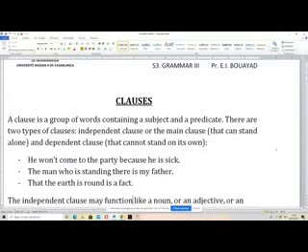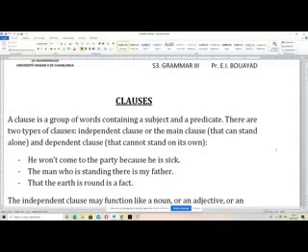Okay. So and then we have in here that the earth is round is a fact. You see in here that the earth is round is a clause. Okay, and notice this clause in here functions like a noun. It functions as the subject of the verb is. That the earth is round is a fact.